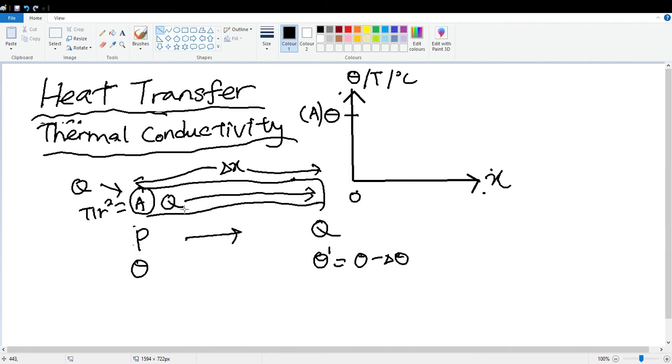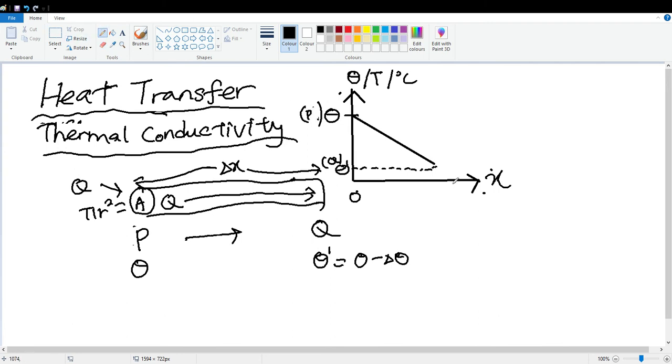I assume that point P starts from 0. The temperature decreases until one point, which is where point Q is located. So this is theta prime and this is point Q, and this one should be point P, sorry.